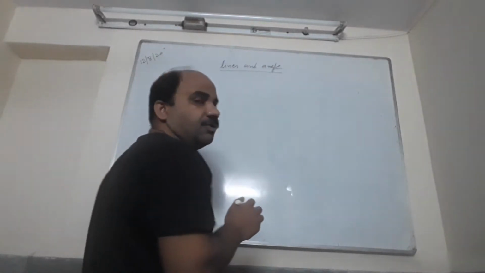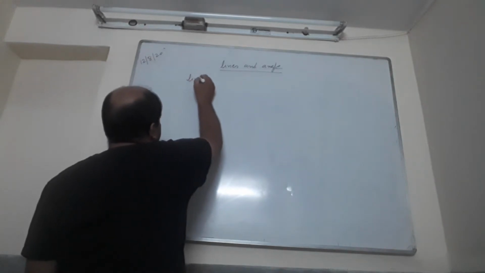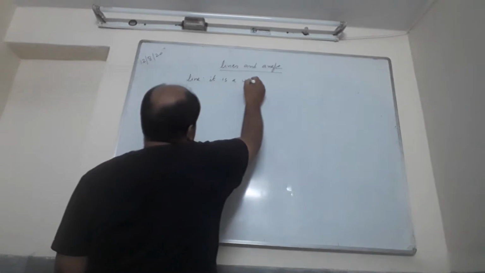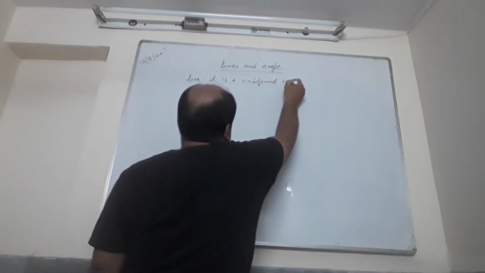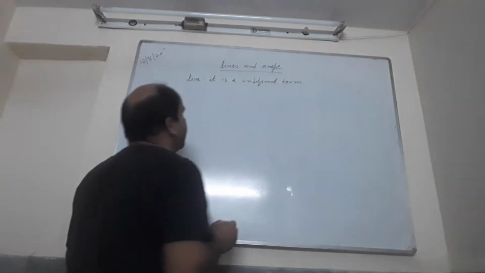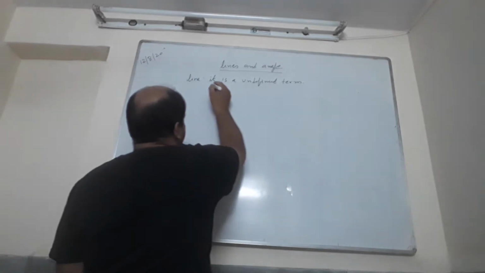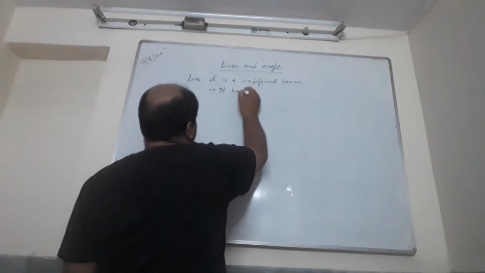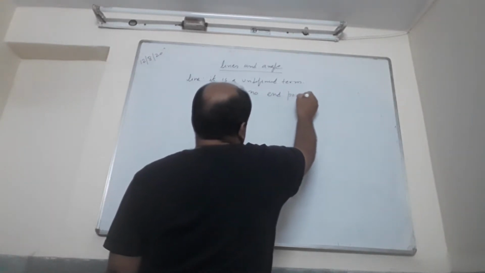First of all, we should know line. Line is generally an undefined term, but on the basis of its property, we can define the line. For example, it has no end point.